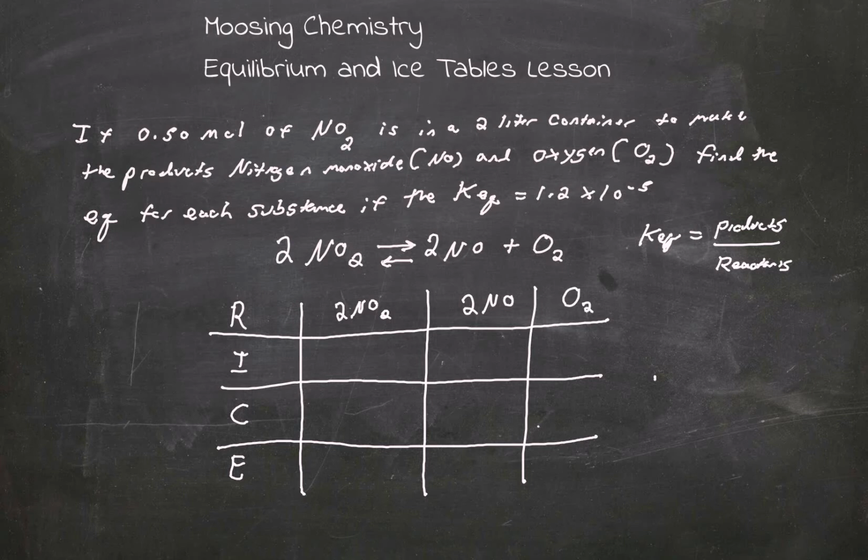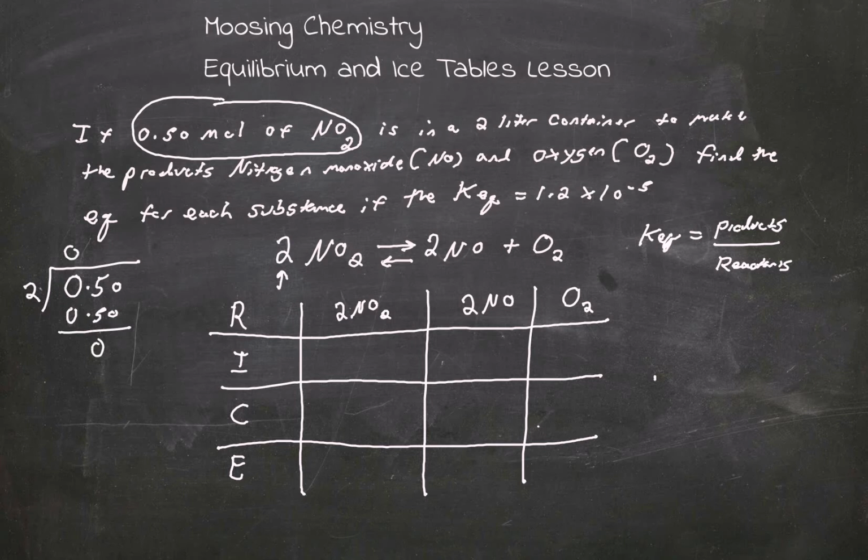Well, let's look at this. Our original concentration was 0.50 mole of NO2. We don't just have one of them, we have 2 of them. So what we're going to have to do is take 0.50 and divide it by 2, and when we cancel this out, this would give us 0.250.